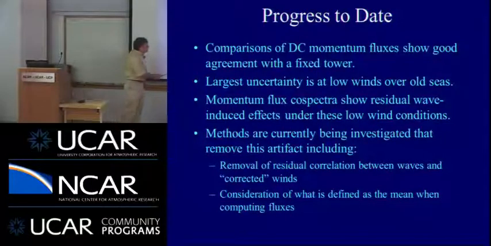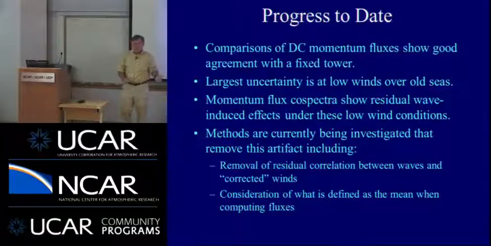The other thing is, what is the mean? Normally you're on a tower, the flow is quasi-horizontal, and you average over 10, 20 minutes, and that's your W bar, for example. That takes into account all sorts of things that are real, the tilt of your sensor, et cetera. Well, now we're in this wave-following coordinate system.